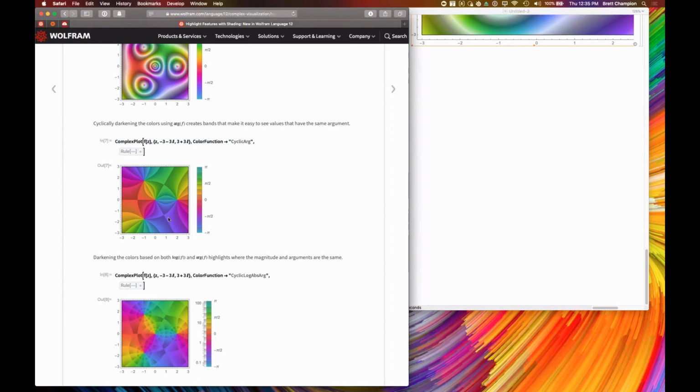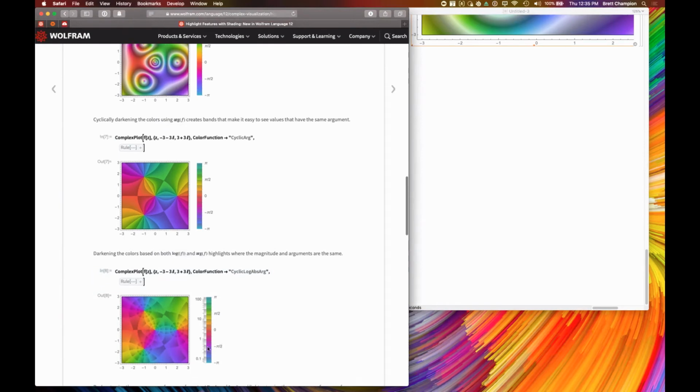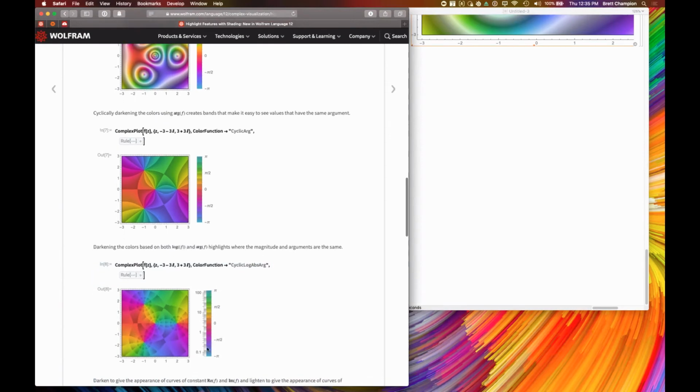And so this allows you to see perhaps a little bit more clearly where you have relatively constant values of argument, because the bands work almost like contours or mesh lines in this case. In this case, we have cyclic log abs arg, which is doing double shading in the abs and the arg.